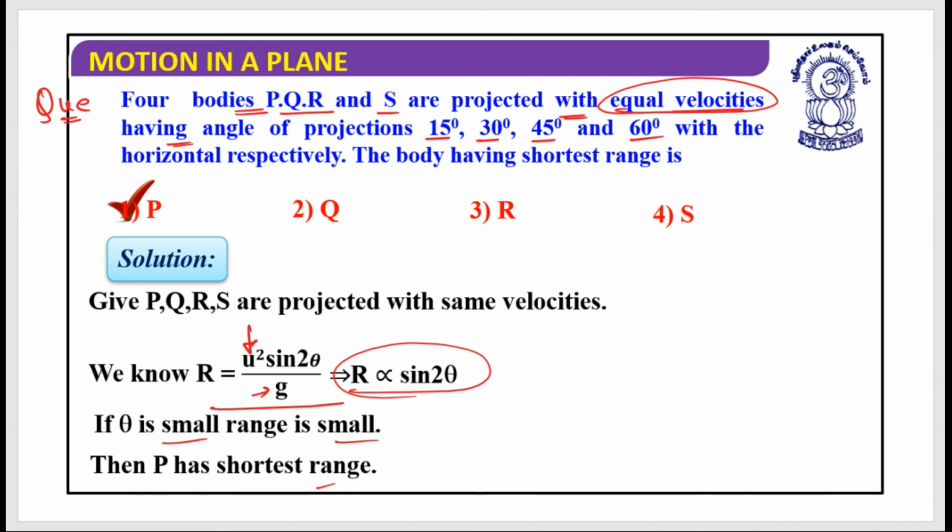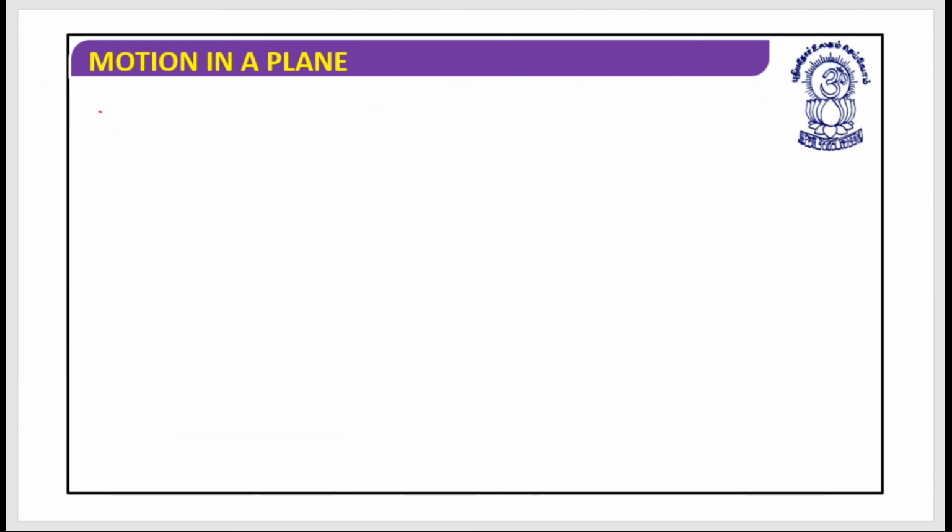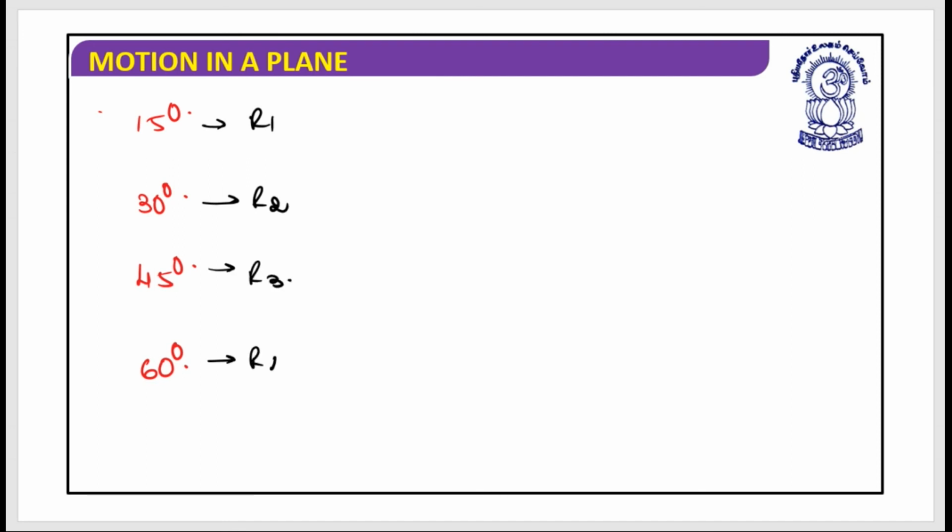Even you can have one more approach to this. Let's have a look. These are the four angles. One is 15 degree, another is 30 degree, another is 45 degree and another is 60 degree. Let's call this range 1, this range 2, this range 3, this range 4. So these four ranges are there.